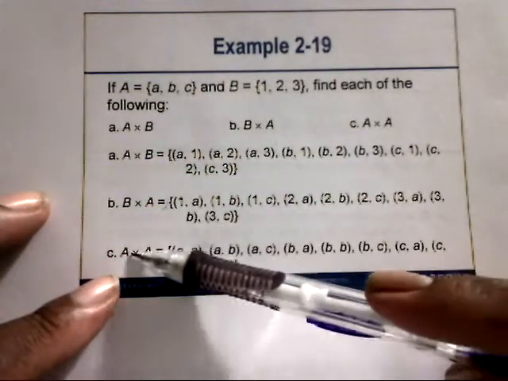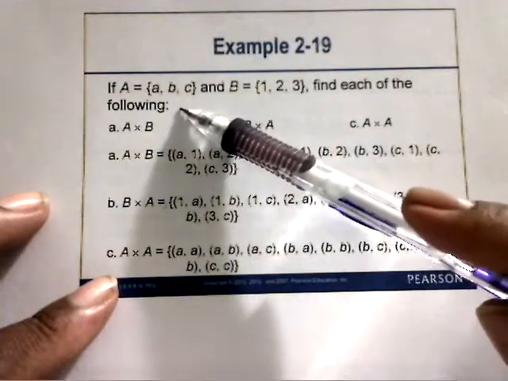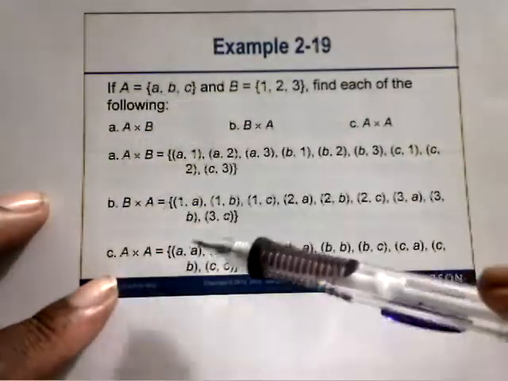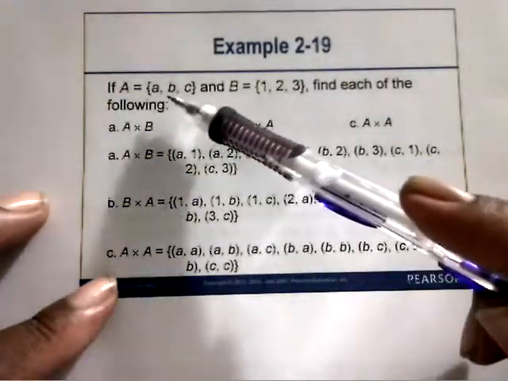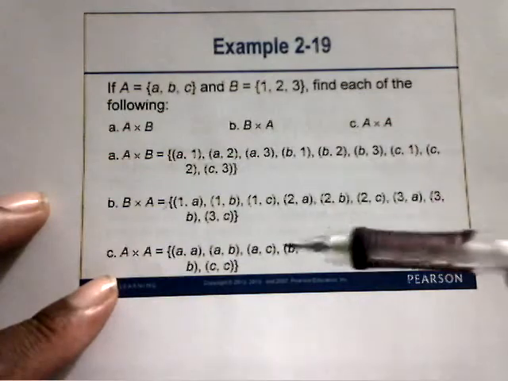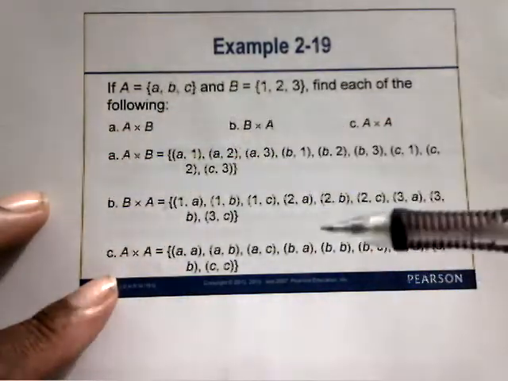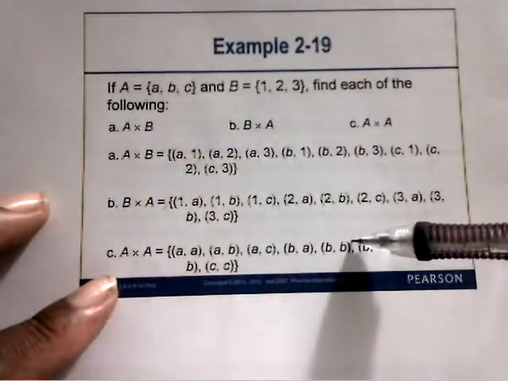Now part C, A cross A, that means the Cartesian product of itself. That means a will be paired with itself, that's aa. a will be paired with b, that's ab. a will be paired with c, ac. Then b will be paired with a, so that's ba. b is going to be paired with itself, bb.